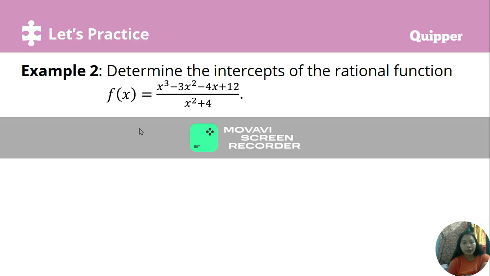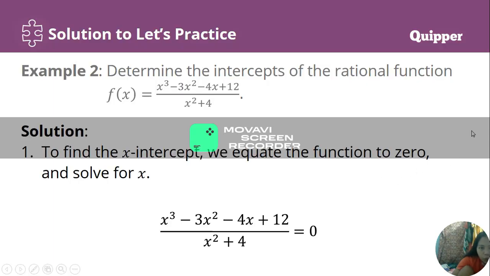For example, here, 1, 2, 3, 4. So this is 4 terms. So we are going to group the 4 terms so that it will be easy to solve.